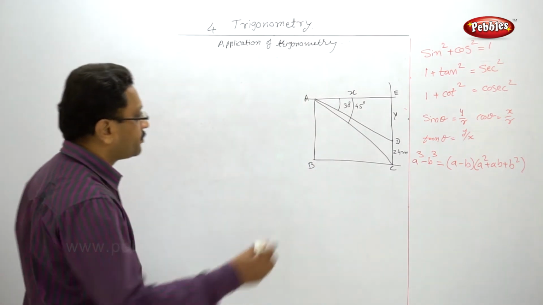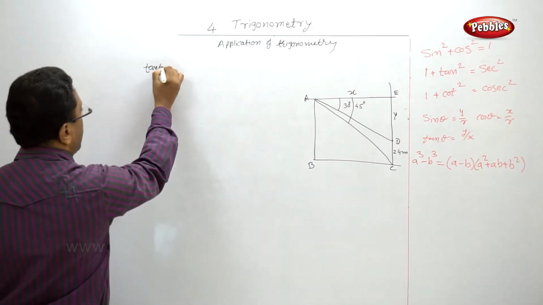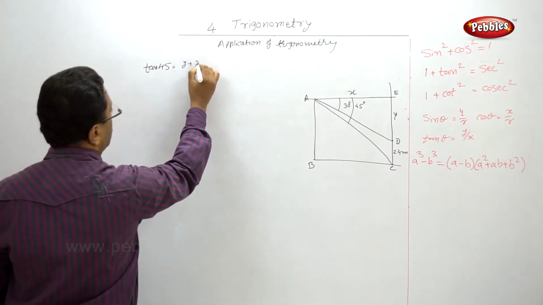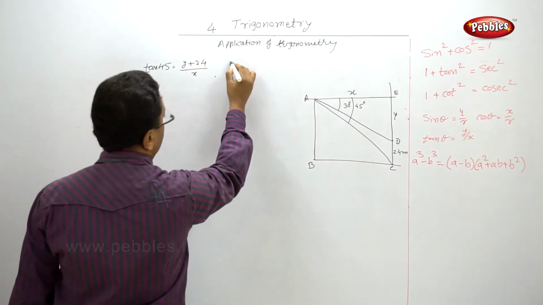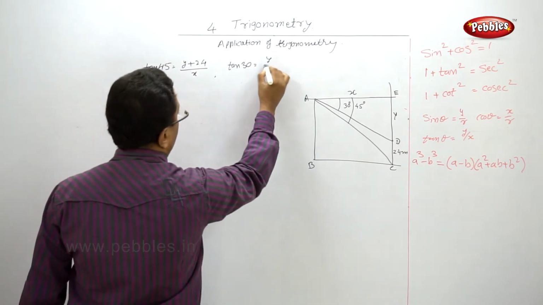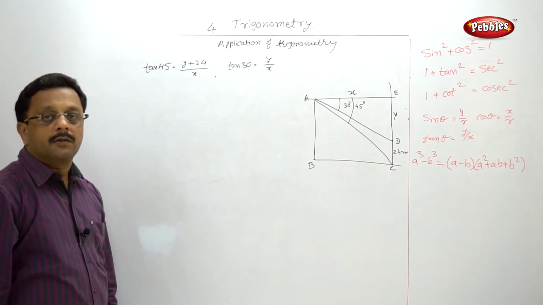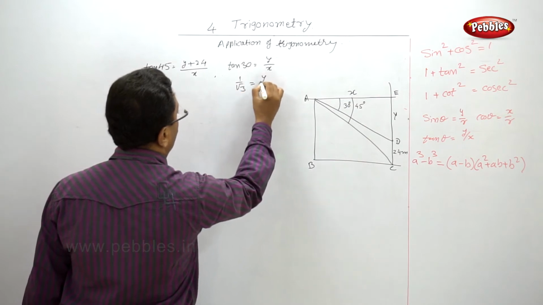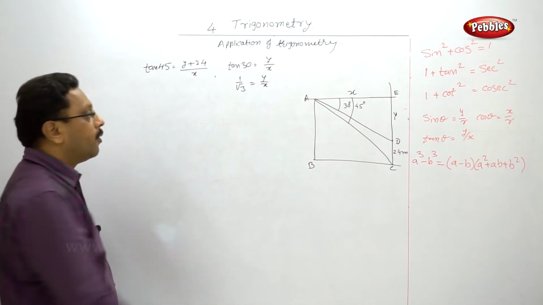Let us solve it. The first equation I got is tan 45 is equal to y plus 24 upon x, and second equation I got tan 30 is equal to y upon x. What is tan 30? It is 1 upon root 3. So 1 upon root 3 is equal to y upon x. We want to find x, so let us substitute y.